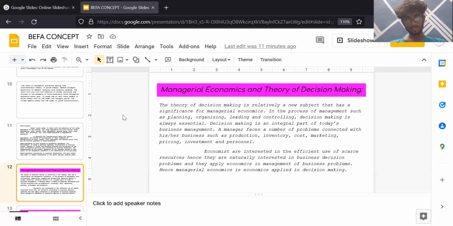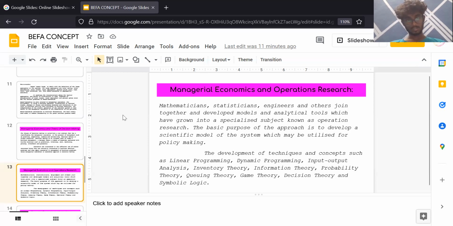A manager faces a number of problems connected with his or her business, such as production, inventory, cost, marketing, pricing, investment, and personnel. Economists are interested in the efficient use of scarce resources, and they are naturally interested in business decision problems, and they apply economics in management of business problems. Hence, managerial economics is economics applied in decision making.